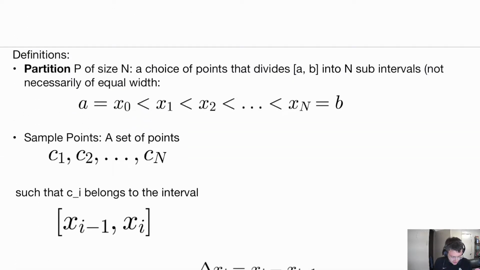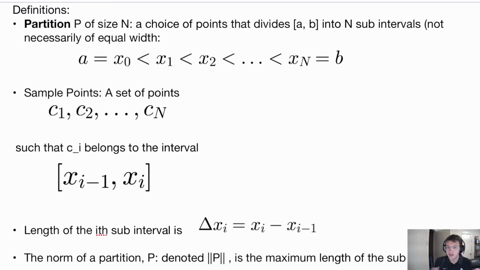Before we start talking about that, let me give us some definitions so we can all be on an equal playing field. A partition P of size n is a choice of endpoints that divides a given interval from A to B into n subintervals, and they do not need to be of equal width.